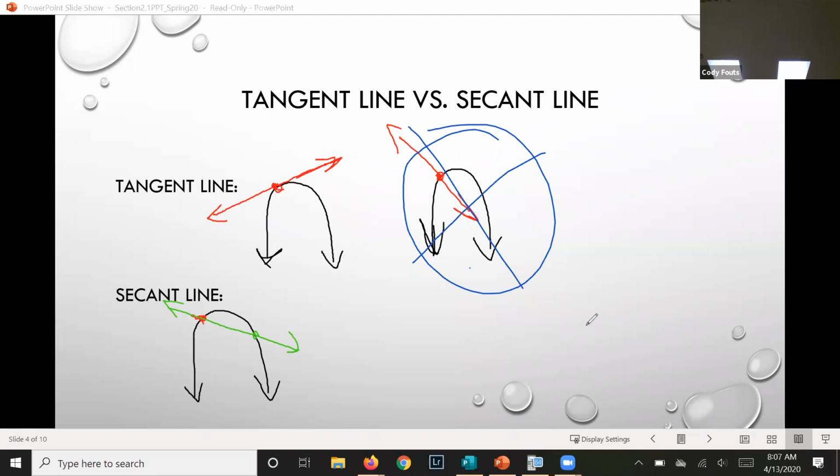Also, as the definition says, a secant line can hit at more than one point. So if you think about, say, a sine or cosine wave, you can very easily draw a secant line that is going to intersect the graph at an infinite number of points. All right, so that's tangent line versus secant line.